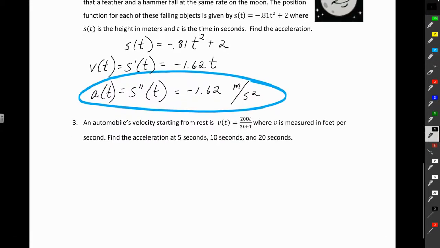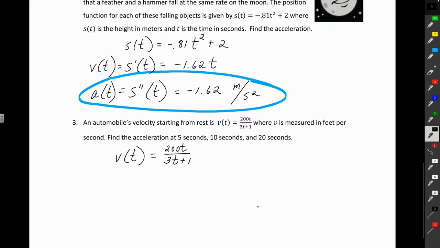An automobile's velocity starting from rest is v of t equals 200t over 3t plus 1, where v is measured in feet per second. Find the acceleration at 5, 10, and 20 seconds. So we want to find the acceleration where we have velocity, so we need to take the derivative of the velocity function to start.